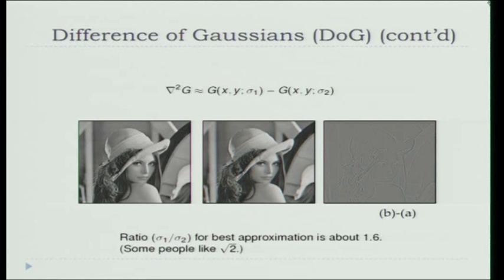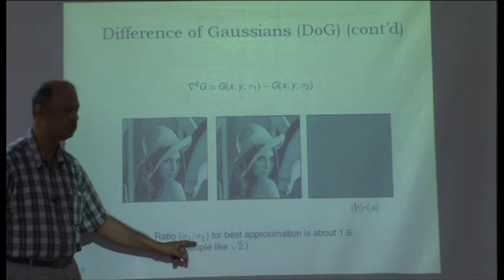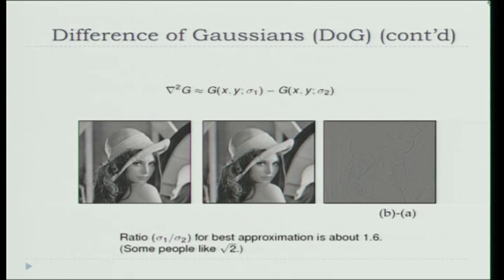Generally, the ratio of sigma 1 and sigma 2 has been found to be 1.6, which gives a good approximation of del square G.